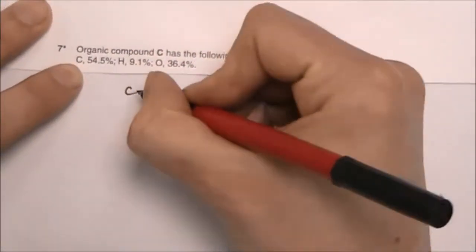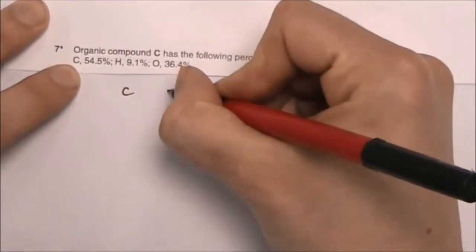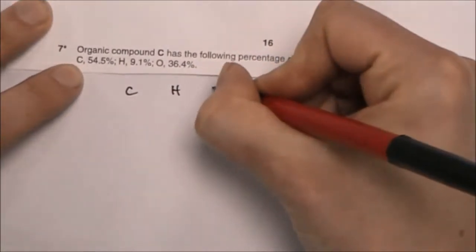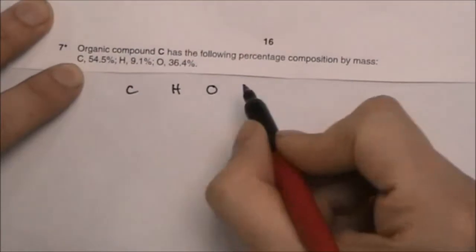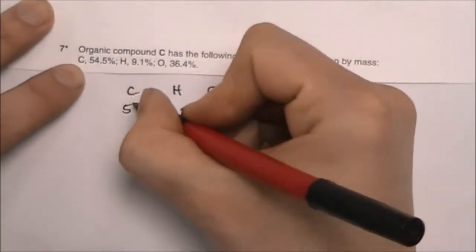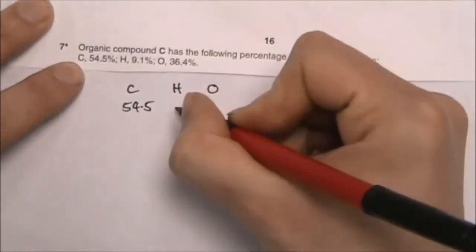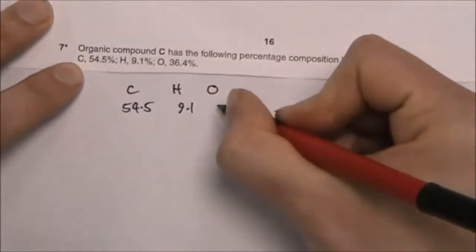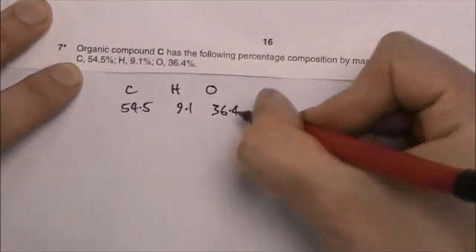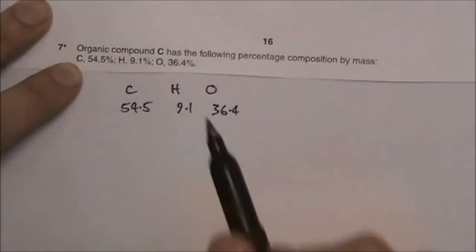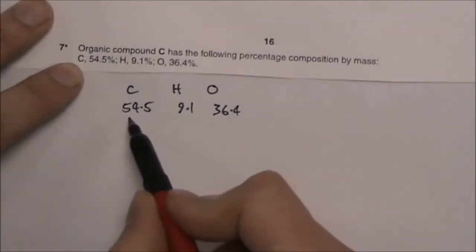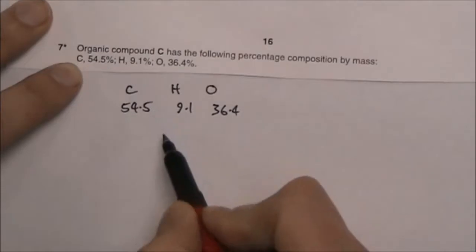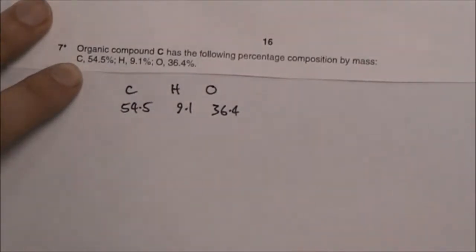So I've got carbon, hydrogen, and oxygen, and I've got 54.5% of that, 9.1% of that, 36.4% of that. If I've got a percent, then if we say I had 100 grams of it, then I would actually have 54.5 grams, 9.1 grams and 36.4 grams.